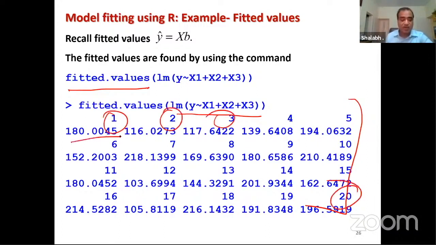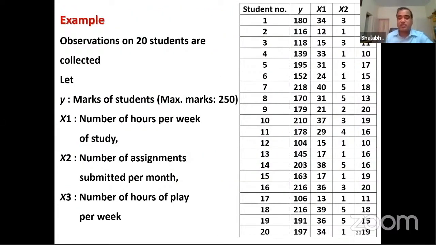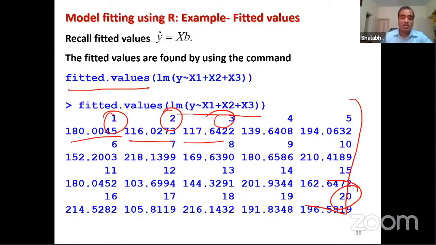First value is 180, 116, 117. If you recall your data set, this is what you are observing in real life, these values of your Y. Now you have obtained the model in which you substitute these values of X1, X2, X3 and compute the values of Y, which are given by the fitted values.